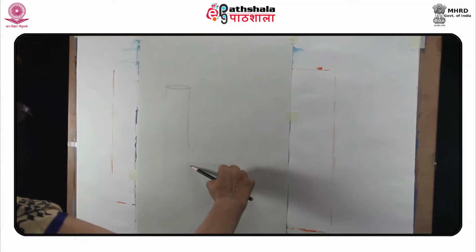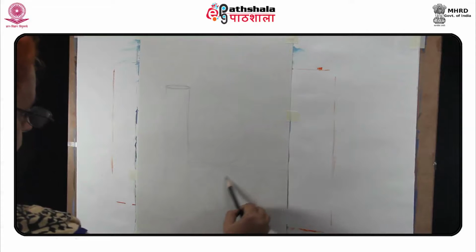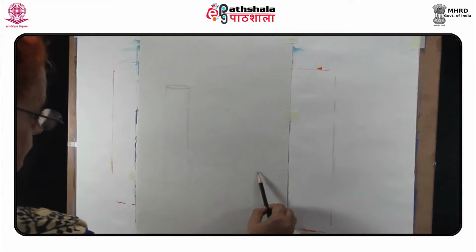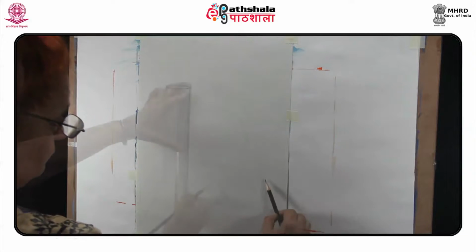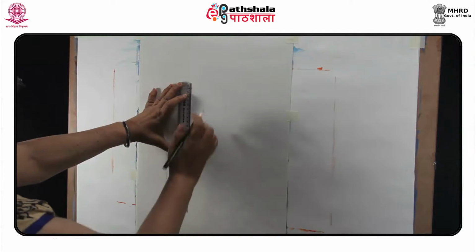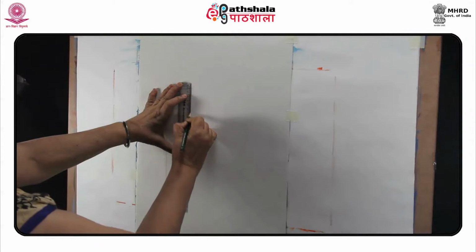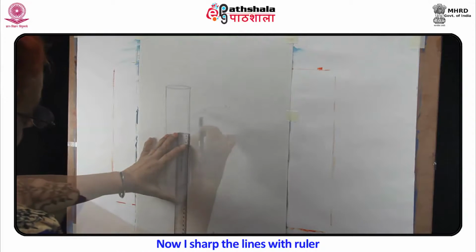We are using horizontal lines, diagonal lines, zigzag lines, widths, cross-hatching lines, etc. Now I chart the lines with a ruler.